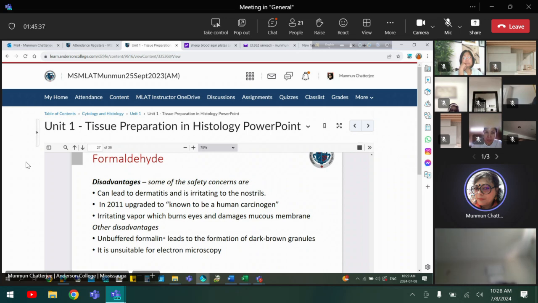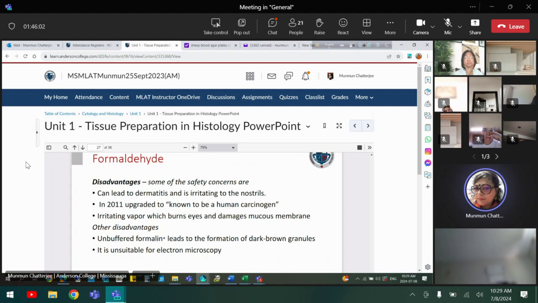Obviously, we told you that our eyes and mucous membranes are exposed. Except the eyes, where do we have other mucous membranes? Your nose, your mouth. Good. So you have to be very careful on those parts too.